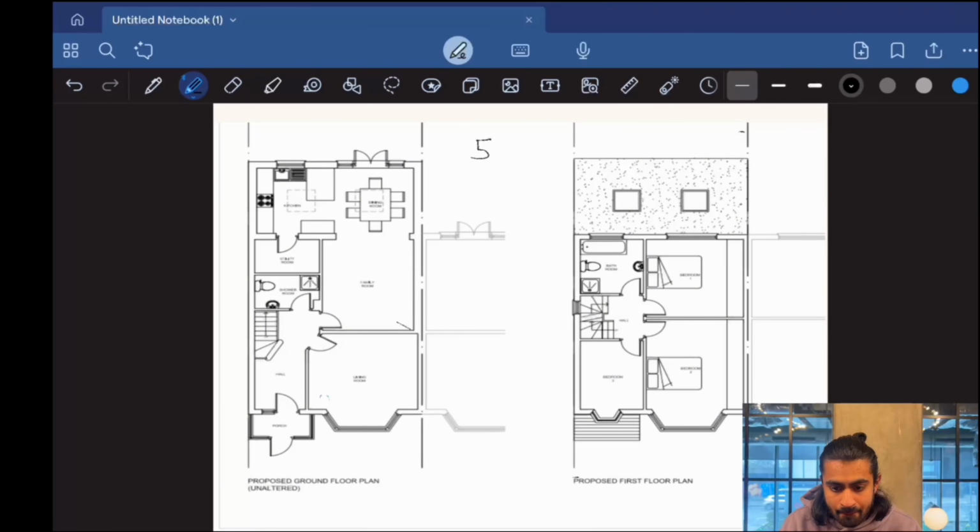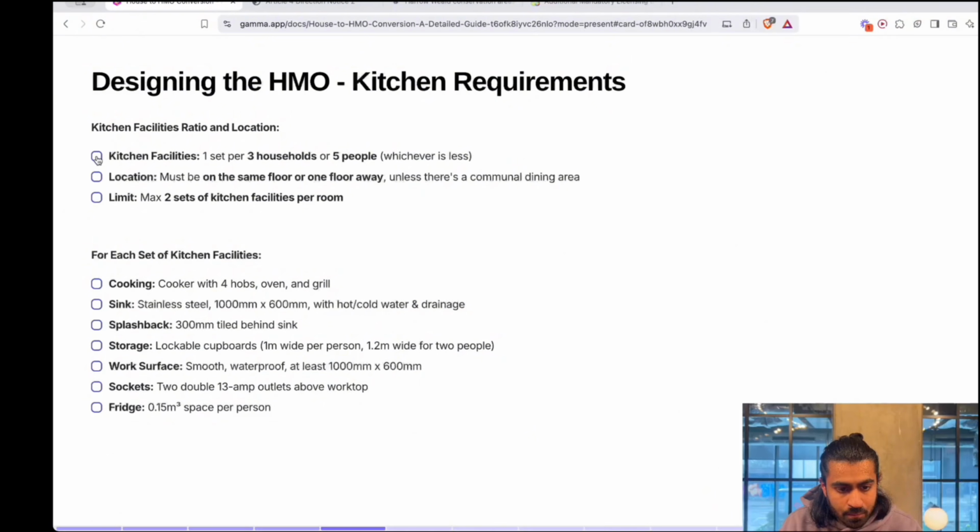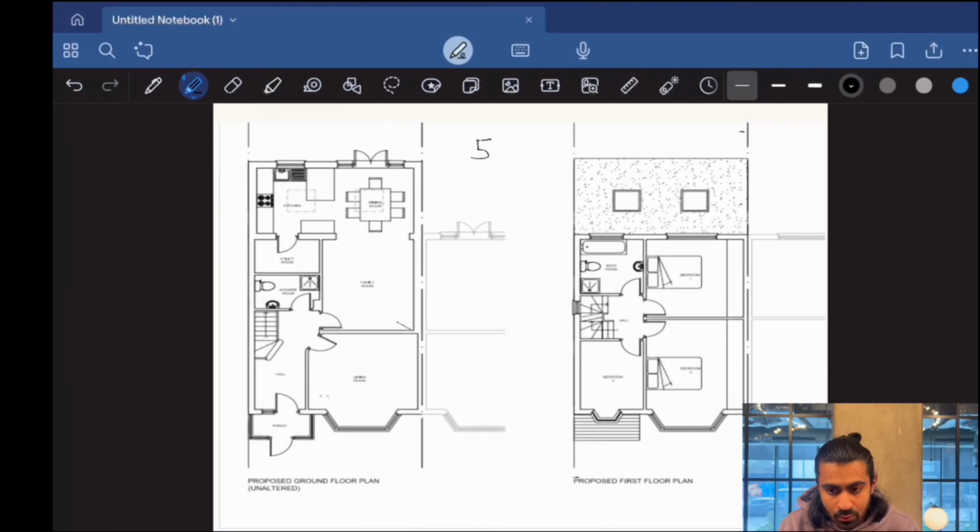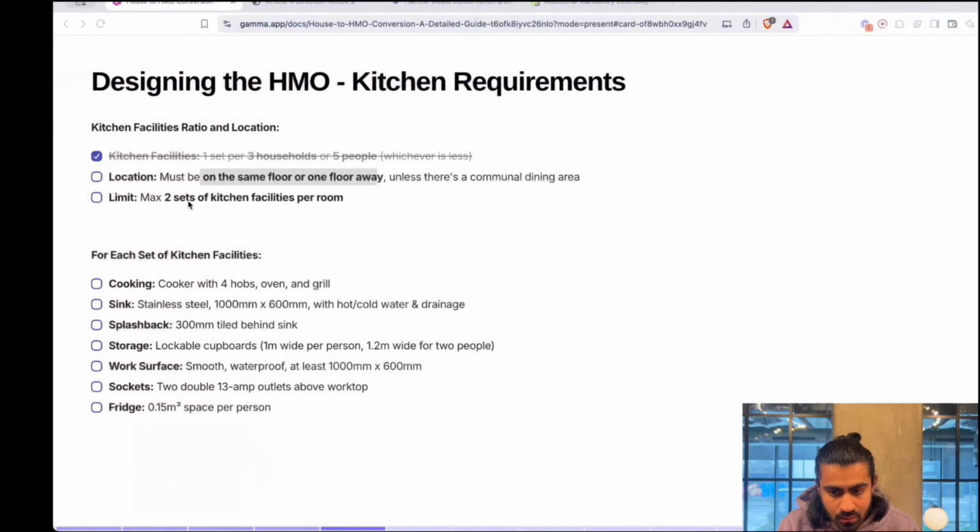That's done. The location must be on the same floor or one floor away. There are only 2 floors, so we meet that criteria. Then there's a max of 2 sets of kitchen facilities per room, which is irrelevant because we're not going to be installing a second set of kitchen facilities for now. And then there are these rules.